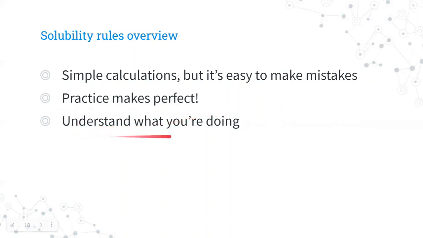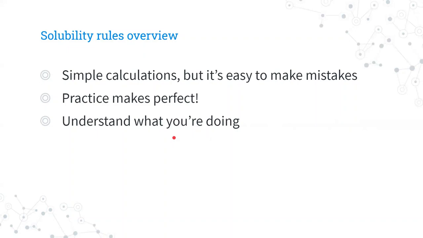And finally, it's important to understand what exactly you're doing. So for solubility specifically, it's a good idea to understand what solubility is. So what does it mean when we say the solubility of a compound is this concentration? And the reason why is the examples we've done today are pretty simple, but in NCEA, they'll try their best to trick you up.